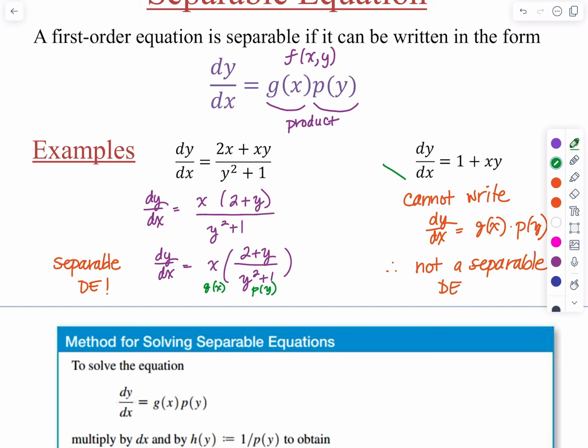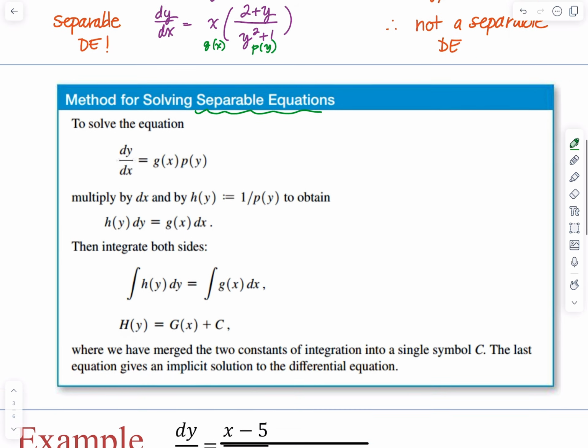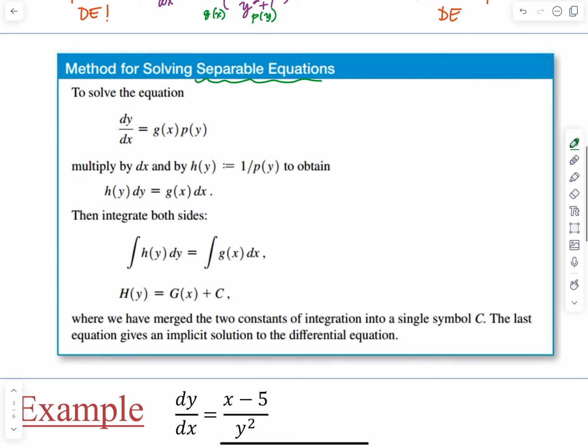Okay, so how are we going to solve a separable differential equation? Once we have a separable equation, basically what we're going to do is separate the differentials. We'll write dy as a differential and dx, and then we will take this p of y and divide both sides by p of y.